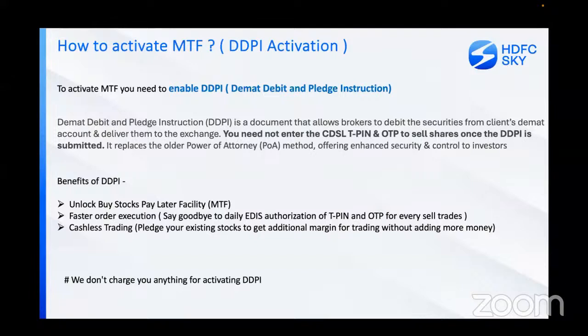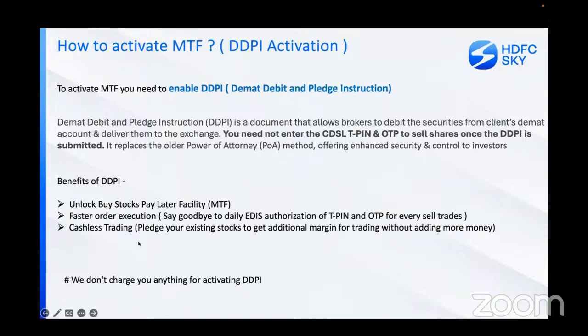You can pledge that amount, and you can get that amount in order to make your entire trade for whatever stock you're bullish about. So you can use your own money, which is locked in the delivery as part of your portfolio, in order to trade.